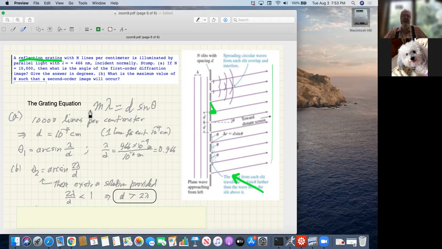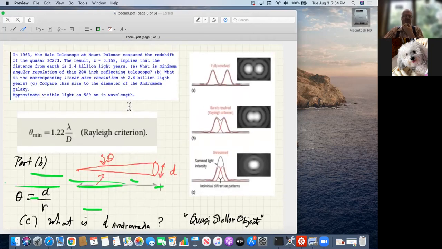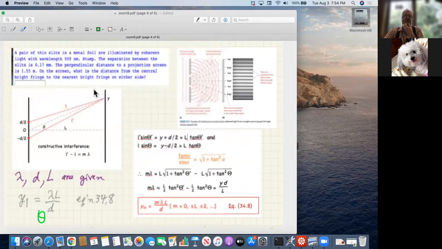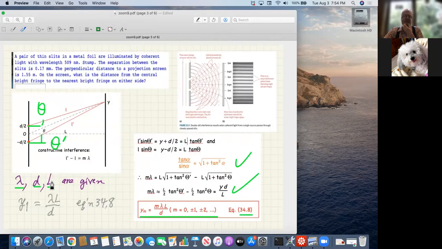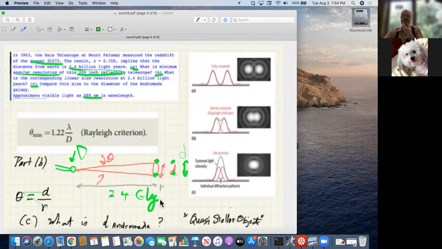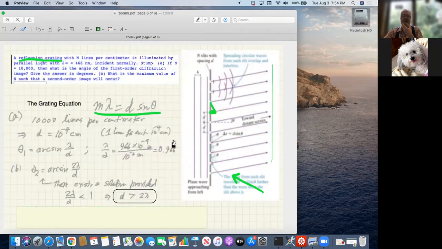So that's the grating equation. It's like the equation for two-slit interference. Not quite. It's not exactly the same as two-slit interference, but it's similar.